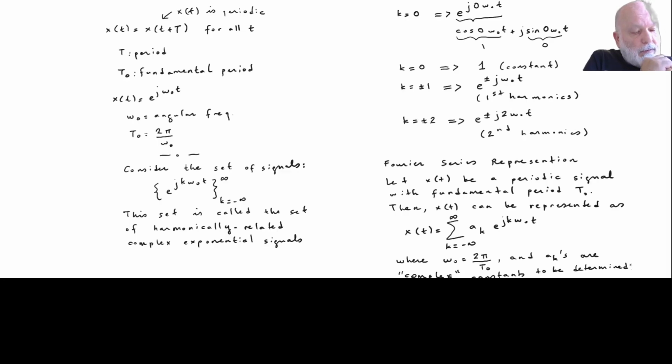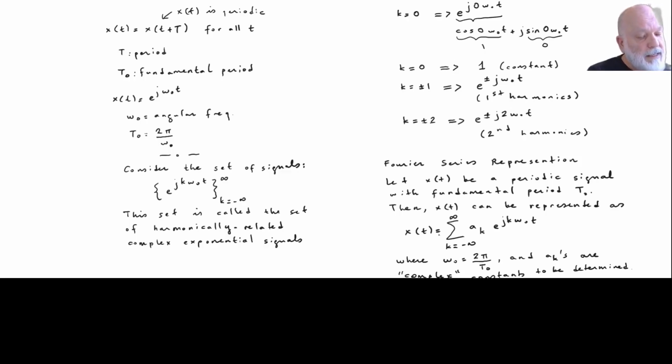Therefore, after defining the set of harmonically related signals e to the j k omega 0 t with k running from minus infinity to plus infinity, now we claim that any periodic signal can be represented as a series, which is called the Fourier series, given by the expression sum over k from minus infinity to plus infinity of a k e to the j k omega 0 t.